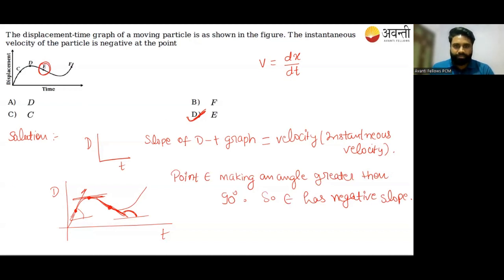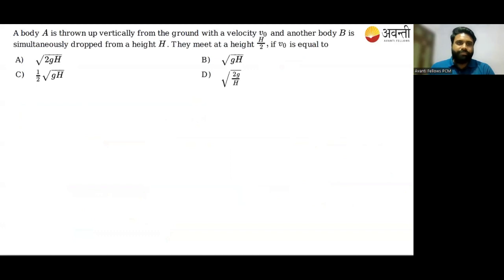Okay, move on to the next question here. Body A is thrown up vertically from the ground with a velocity v0, and another body B is simultaneously dropped from a height h. They meet at a height h by 2 if v0 is equal to.